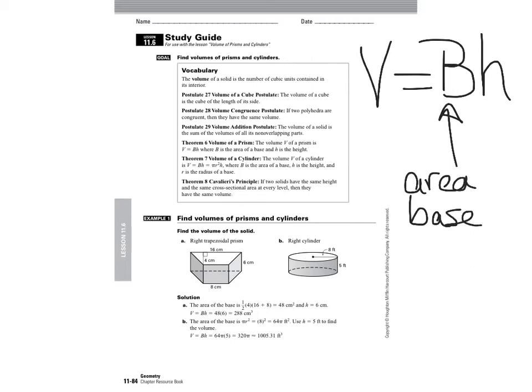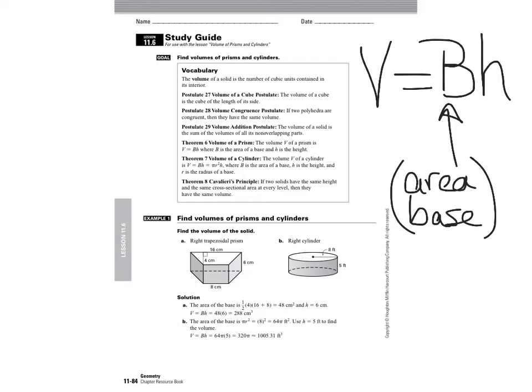So if your base is a triangle, you're going to do the formula for area of a triangle: base times height divided by 2, or 1/2 BH. If your base happens to be a rectangle, you would do base times height, or length times width. Remember, after you calculate the area of the base, to multiply that number by the height of the prism.